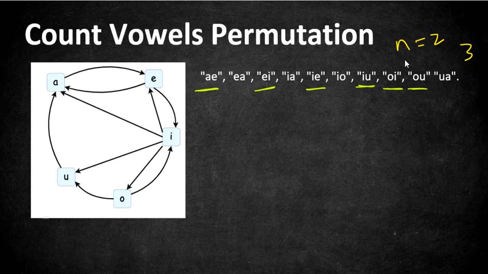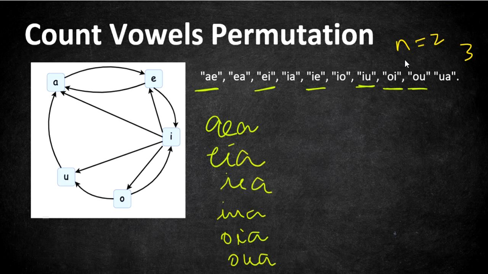That is, AE becomes AEA, EI becomes EIA, IE becomes IEA, and so on. So now we have another 6 strings formed from these 6 strings.